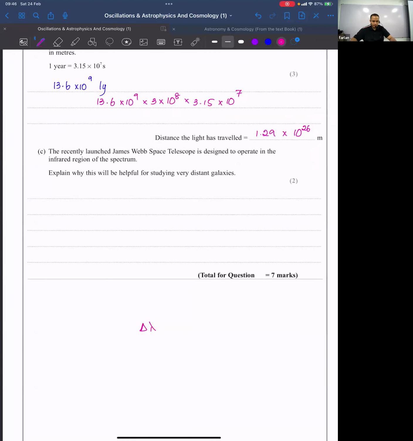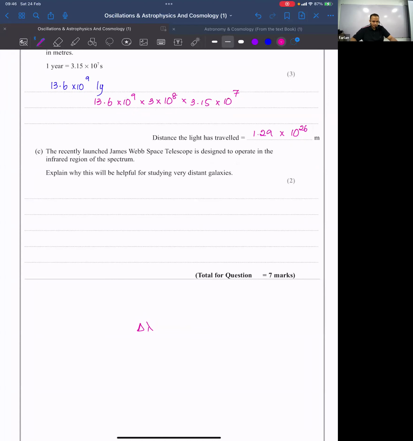So 2 marker, right? Further the galaxy is, higher will be the change in the detected wavelengths. Full stop.